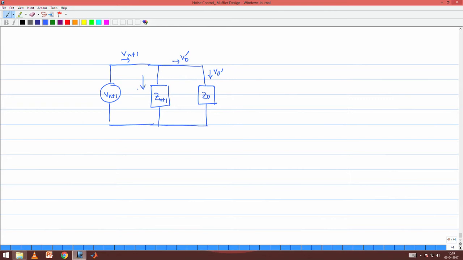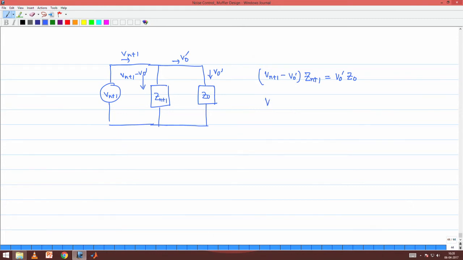So, what goes here is Vn plus 1 minus V0 prime, right. So, Vn plus 1 minus V0 prime into Zn plus 1 is the potential drop across the first shunt, across the impedance Zn plus 1, and that potential drop has to be matched with V0 prime Z0. So, this is the potential drop across the impedance Z0, right.